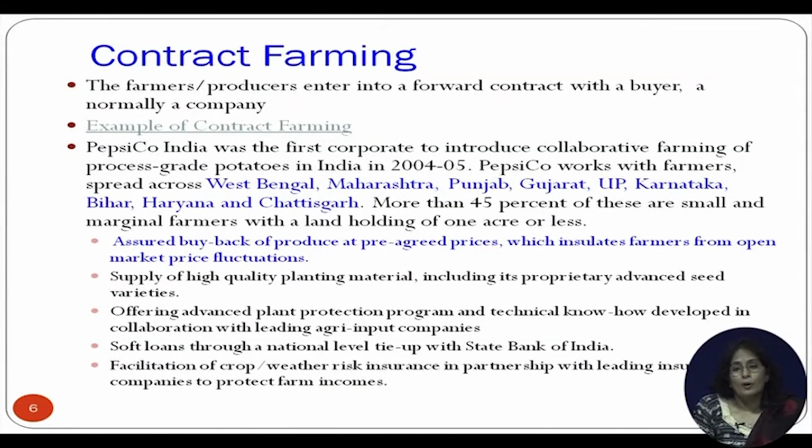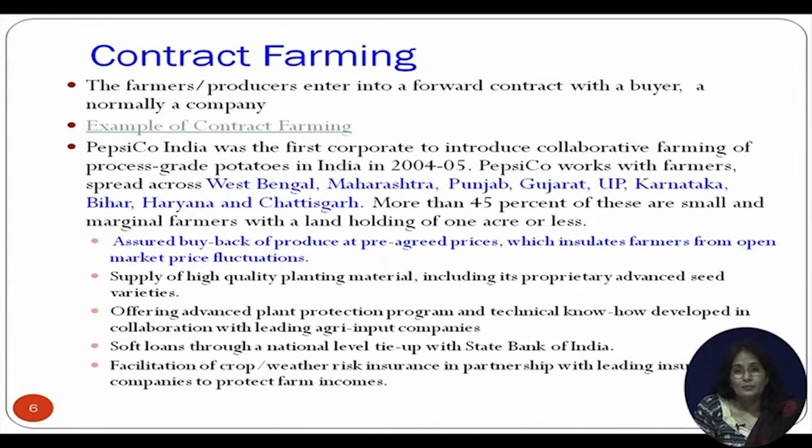All of you or many of you may have heard about PepsiCo India entering into contract farming for its potato requirement for one of its popular brands of potato chips. I'm sure most of you must be enjoying a packet of potato chips available on the roadside.